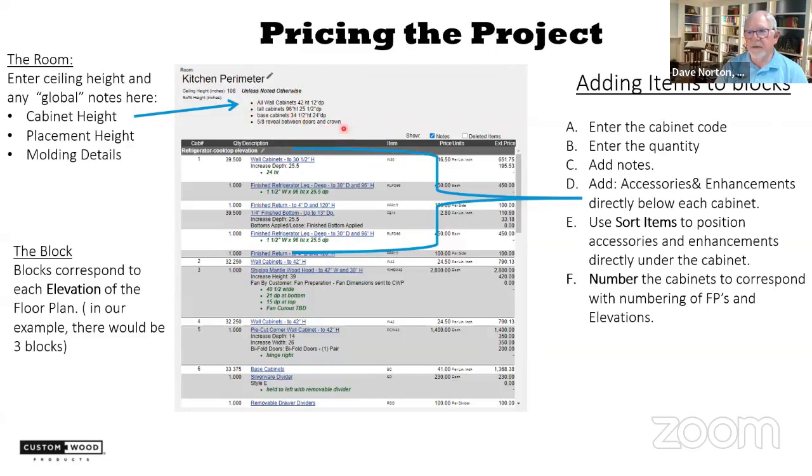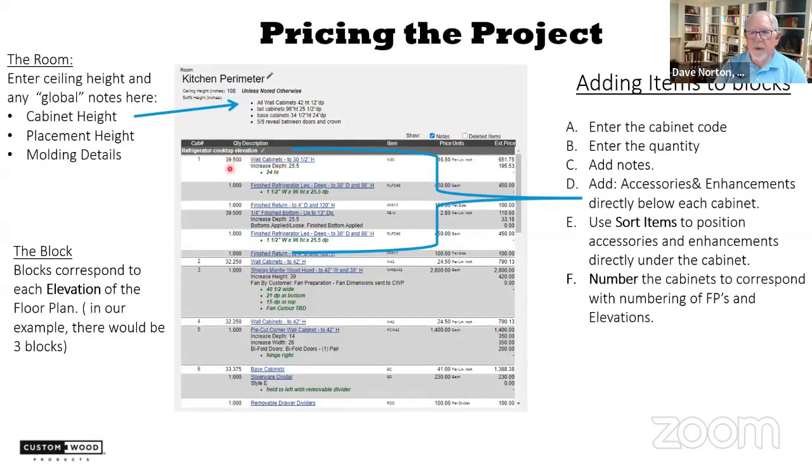So in this case, it says wall cabinets are all 42 high and 12 deep, and talls are 96, 25 and a half deep. Base cabinets are 34 and a half high, 24 deep, and we've got a 5/8 reveal between the doors and the crown, which allows the project manager to properly size the top rail of our wall cabinets.